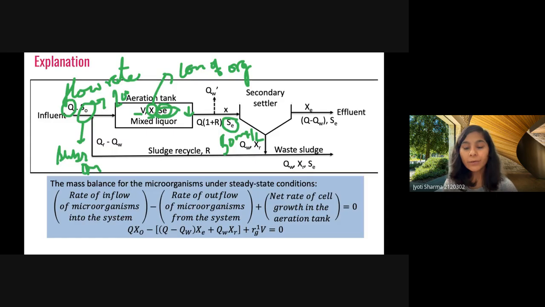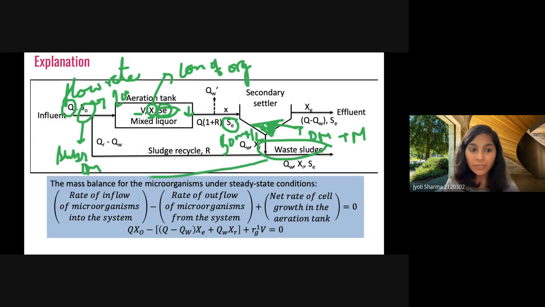Then there will be some growth and decay of your microorganism, and even that organic matter that we have degraded into simpler substance will deposit here. Because that has some organic matter and also some microorganism, that will come under your sludge part, and some of your sludge will be given back to your aeration tank.